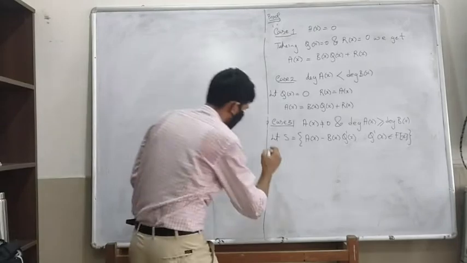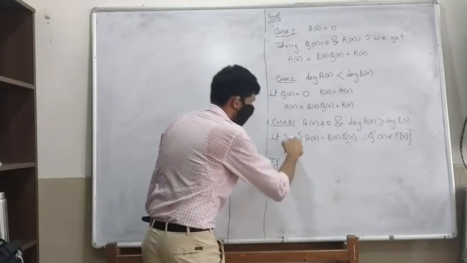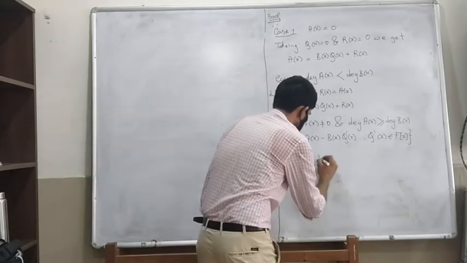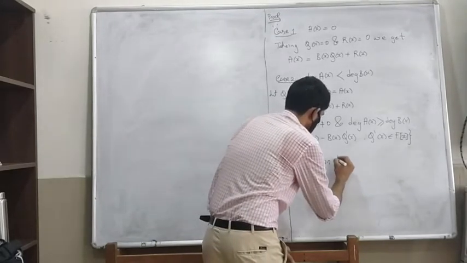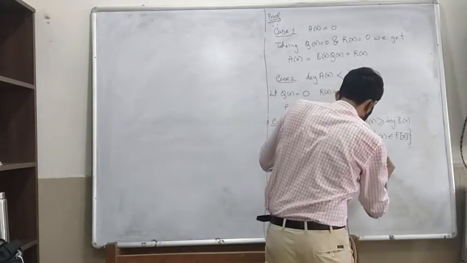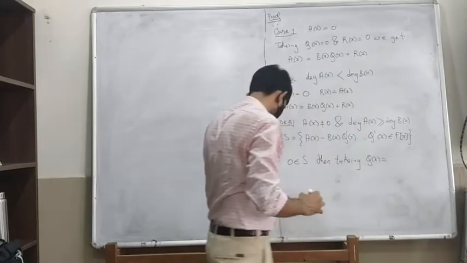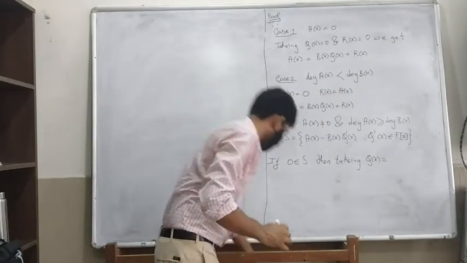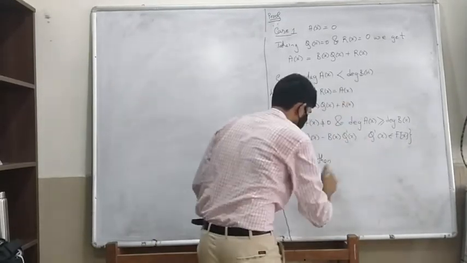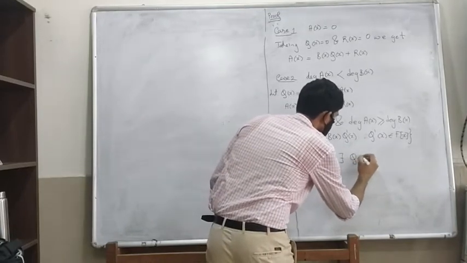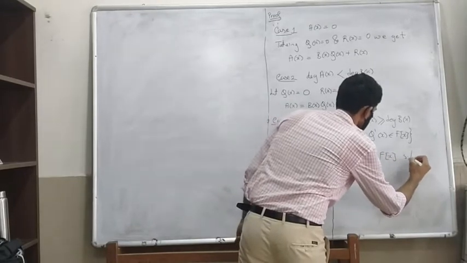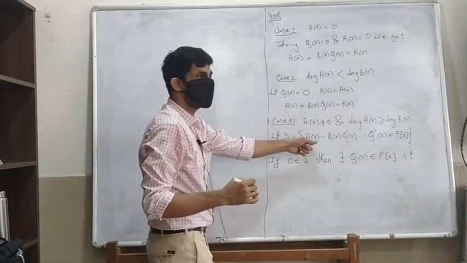So if the 0 polynomial appears here, if 0 is in S, then there exists some q of x in F[x] such that 0 is here, that means you can write 0 in this manner.